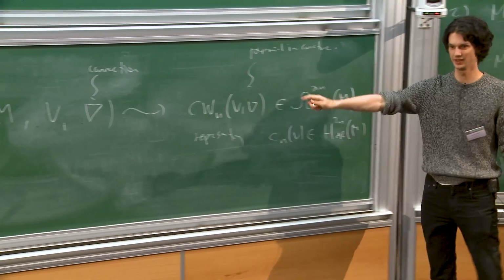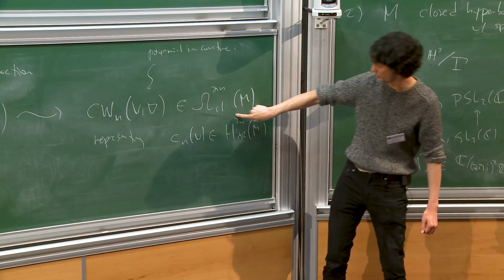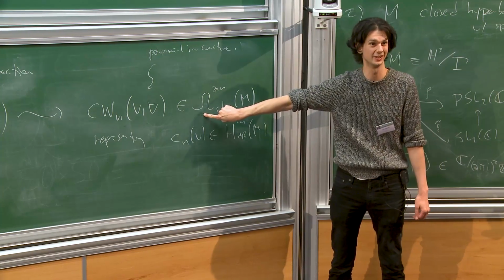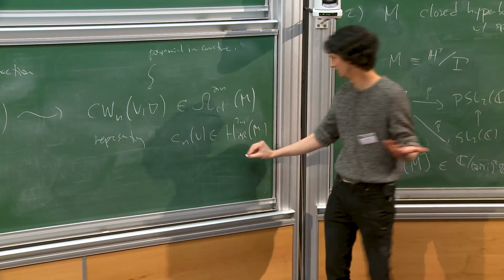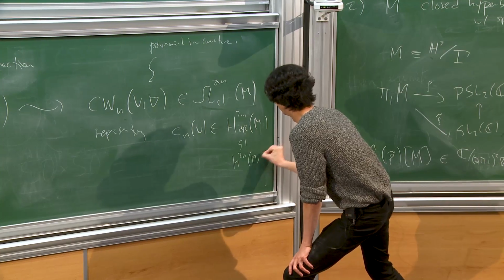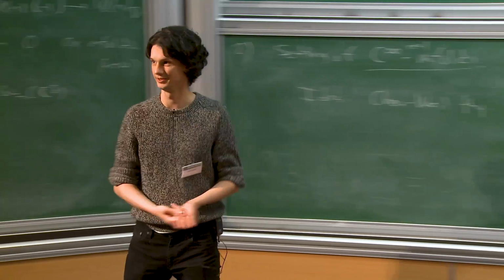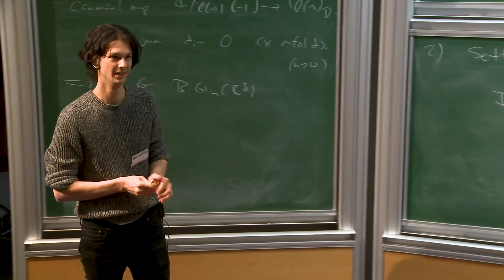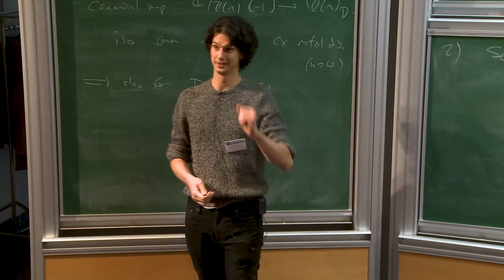So if the curvature vanishes, i.e. if the connection is flat, then this closed 2n form is identically 0. So certainly its class in cohomology is 0, but by the comparison isomorphism, this is the same thing as the topological cohomology with complex coefficients. And if you trace things through, that's proving the claim I made at the beginning of the lecture, in the setting of real manifolds at least.